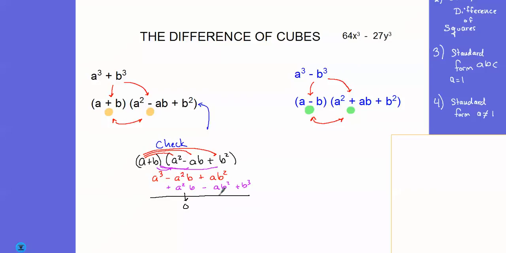The ab squared column does the exact same thing. Positive 1, negative 1 makes 0. This center section is eliminated. The only two parts left are a cubed and the positive b cubed. Everything else has disappeared, canceled out.